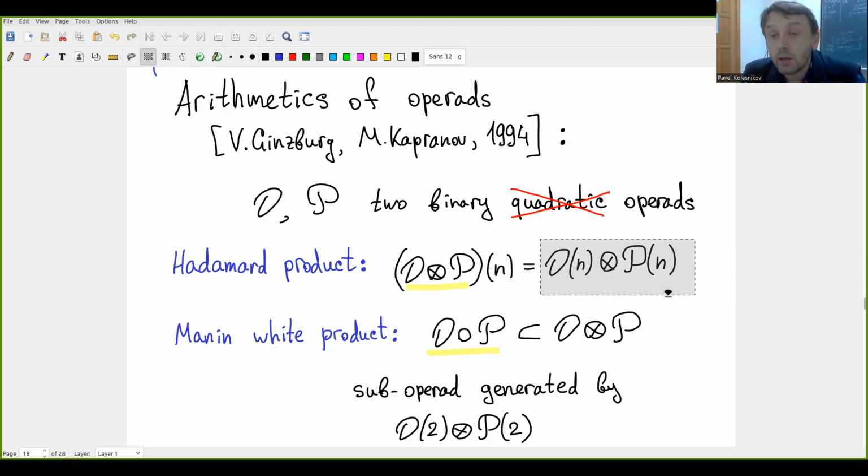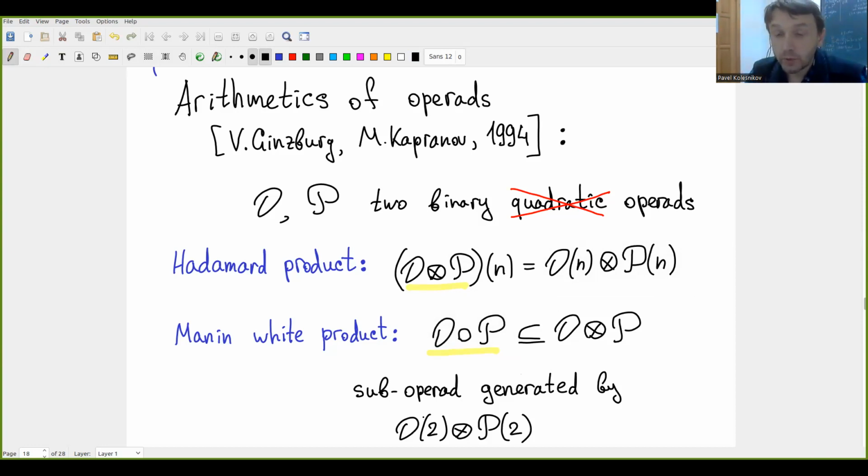This is why we can define what is called the Manin white product of operads. Just consider the sub-operad in the Hadamard product generated by binary operations. This operad is definitely binary because by definition it is generated by binary operations.